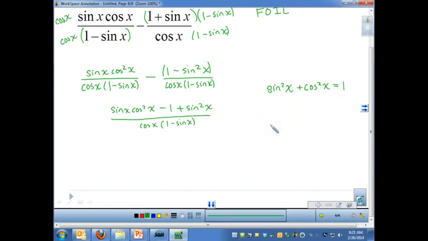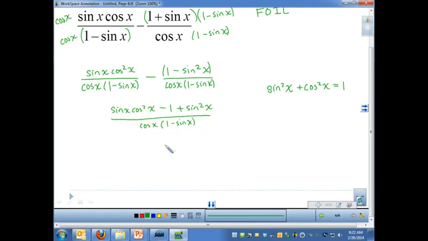So what could I do? I could substitute sine squared of x with 1 minus the cosine squared. So that's a possibility. I also have a cosine squared right here. I could replace that with 1 minus sine squared and turn everything into sine. So that's another option. So which one should we do?